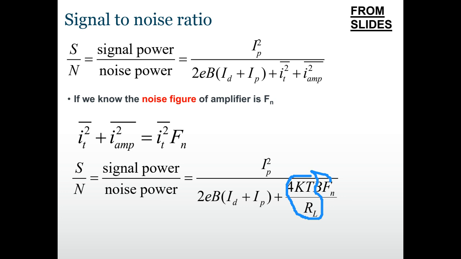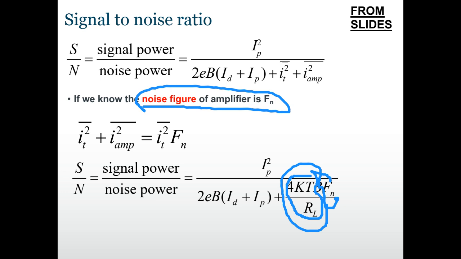The noise figure is given to you in the question. So you have the thermal noise multiplied by the noise figure, plus the shot noise, and the signal power is the square of the current produced by the photodetector, which you either calculated from the previous steps or is given to you by the exam question.